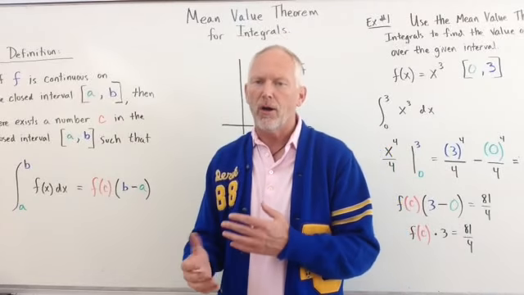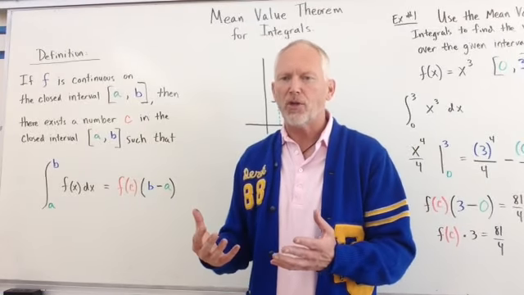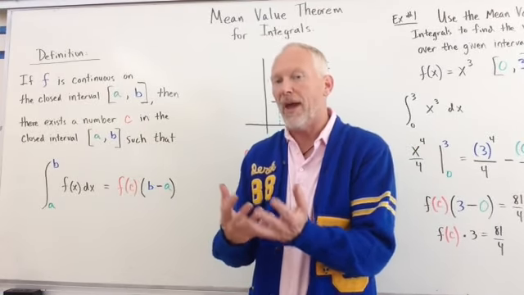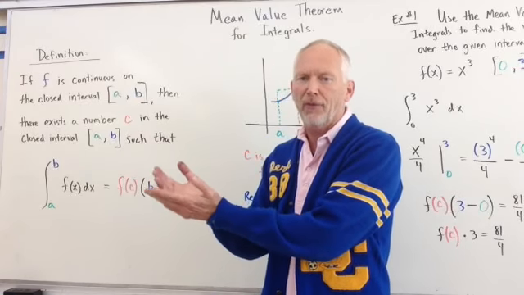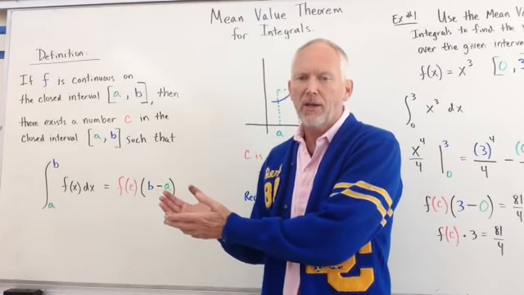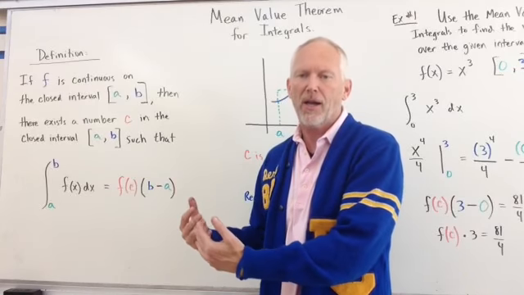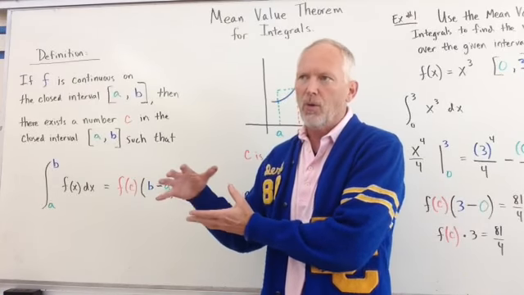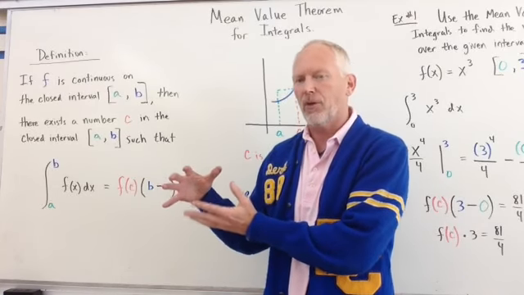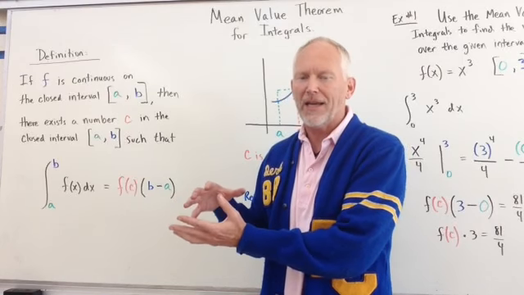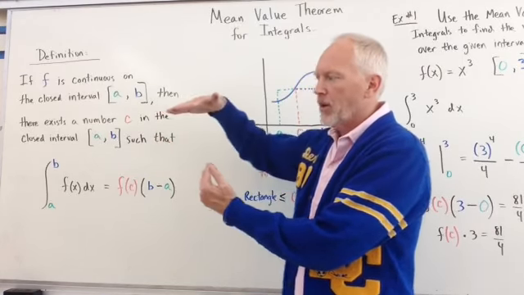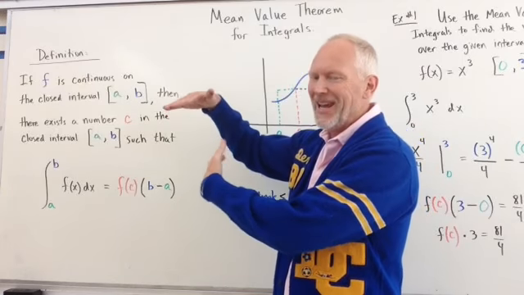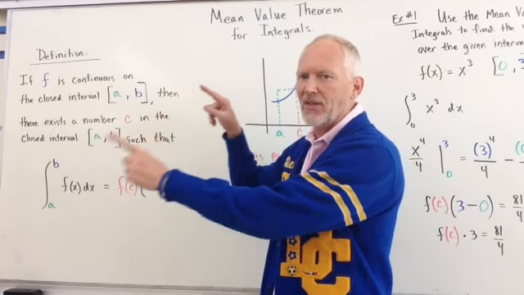Now, if you recall from our days with differentiation, what we did was we found f prime of c, and we set that equal to f of b minus f of a over b minus a. And so when we did that with the derivatives, we were finding out what the mean value was, or what was the value of the tangent line that was equal to that secant line.